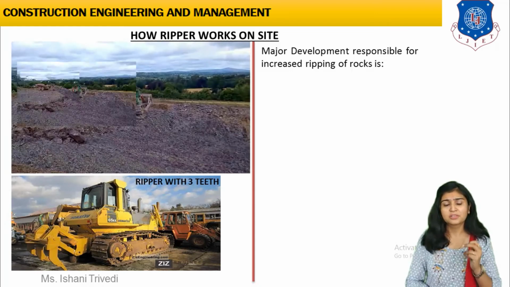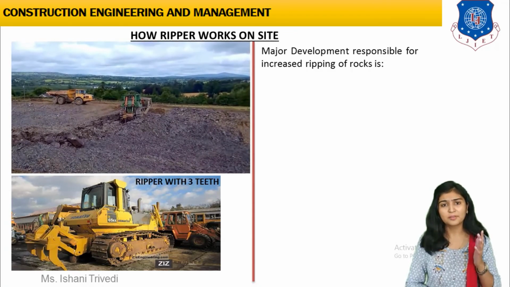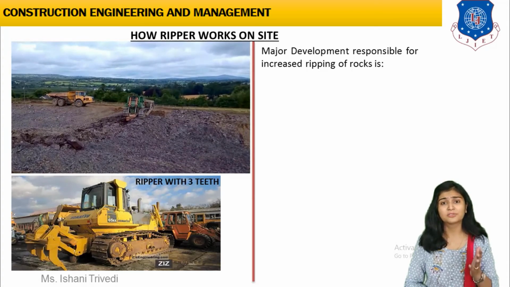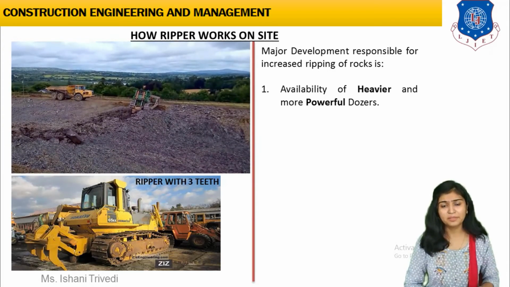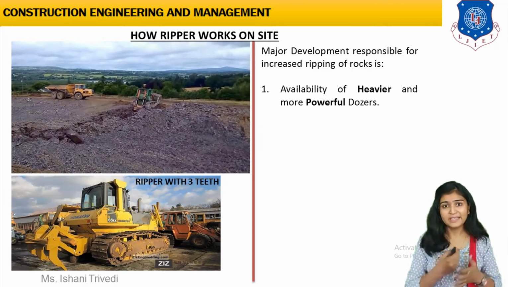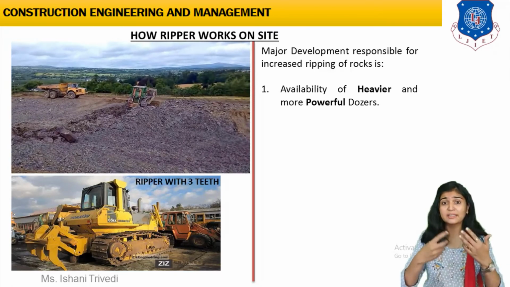Now we have to discuss certain theoretical points. What is the major development responsible for increased ripping of rocks, right? Now this can also be used for mining purposes, right? Mining has very much scope these days, and it is increasing day by day.